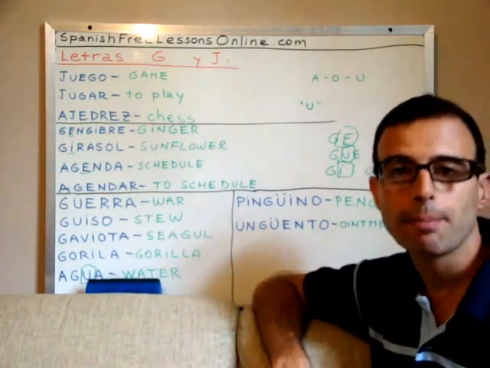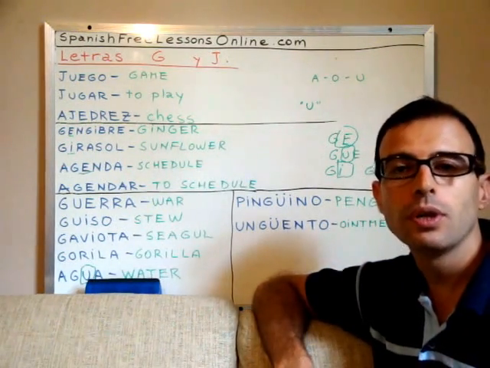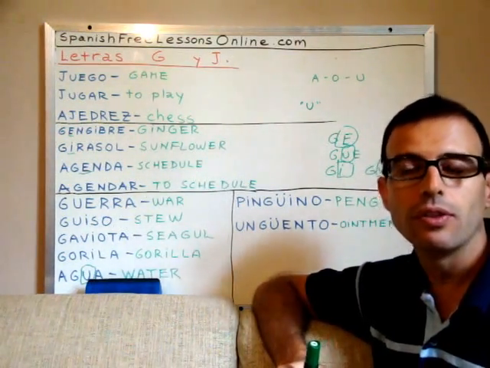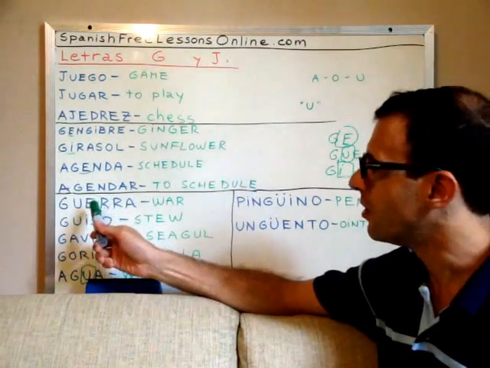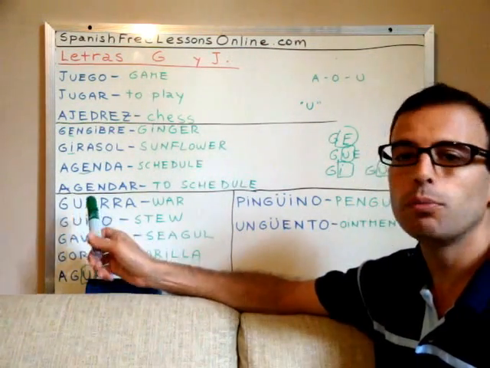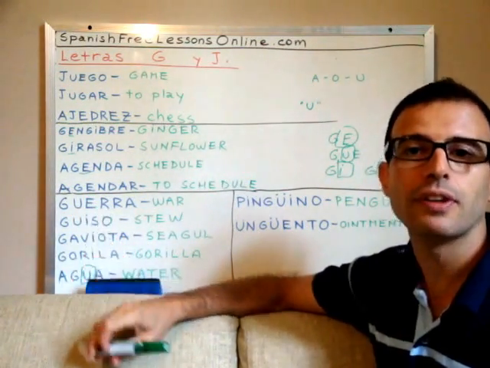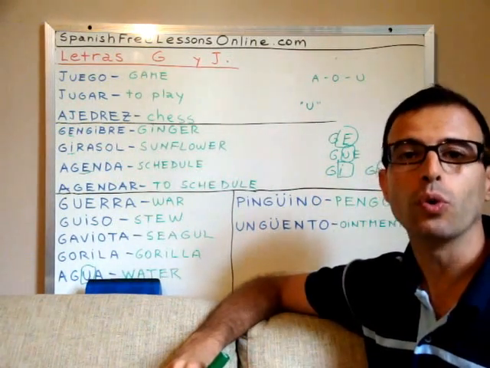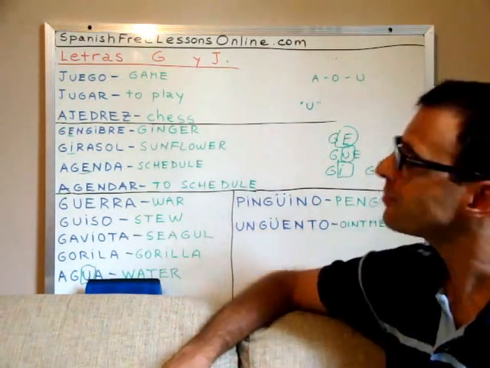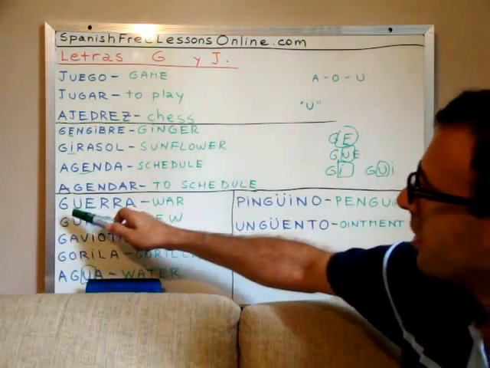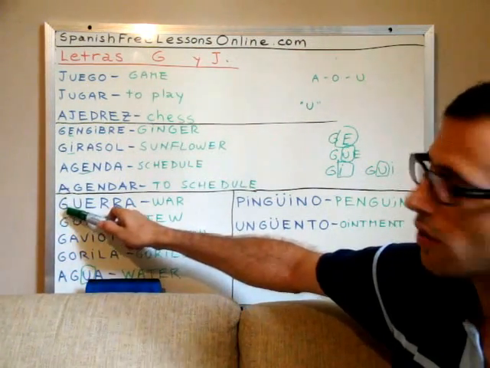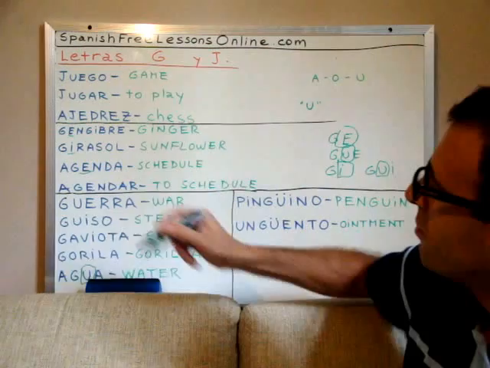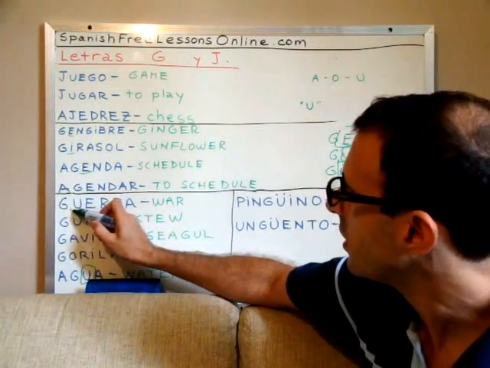And what happens if we want to pronounce the U followed by an E or an I? For example, we want to pronounce in Spanish gue or gui, right? We cannot here because the rules specify that this U is muted.